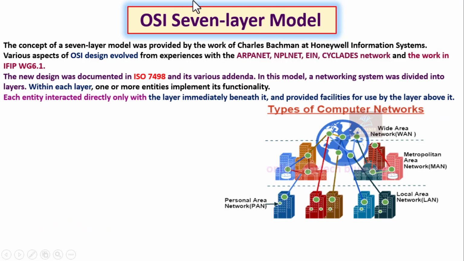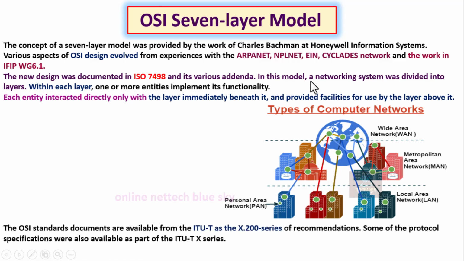Without the OSI layer model, you cannot communicate or transfer data from one side to another; this is called network communication.